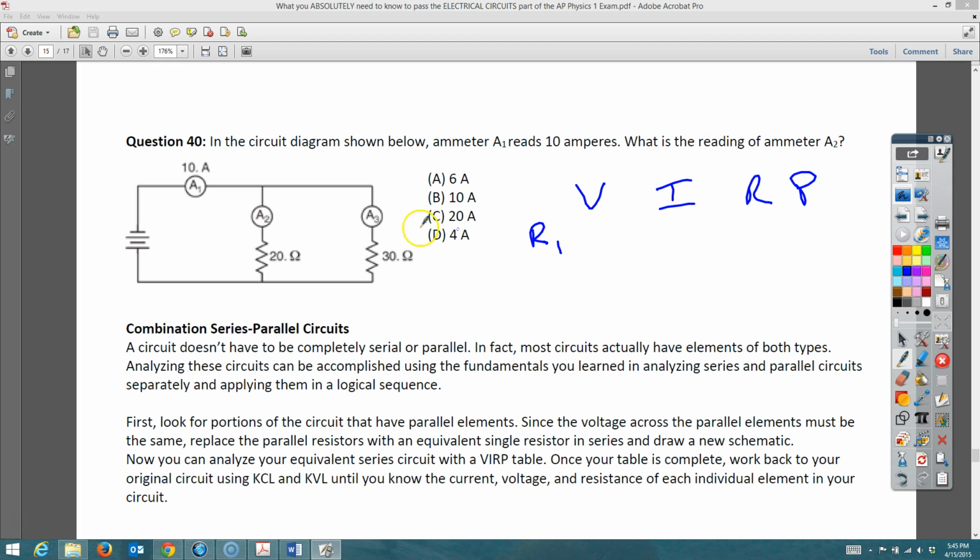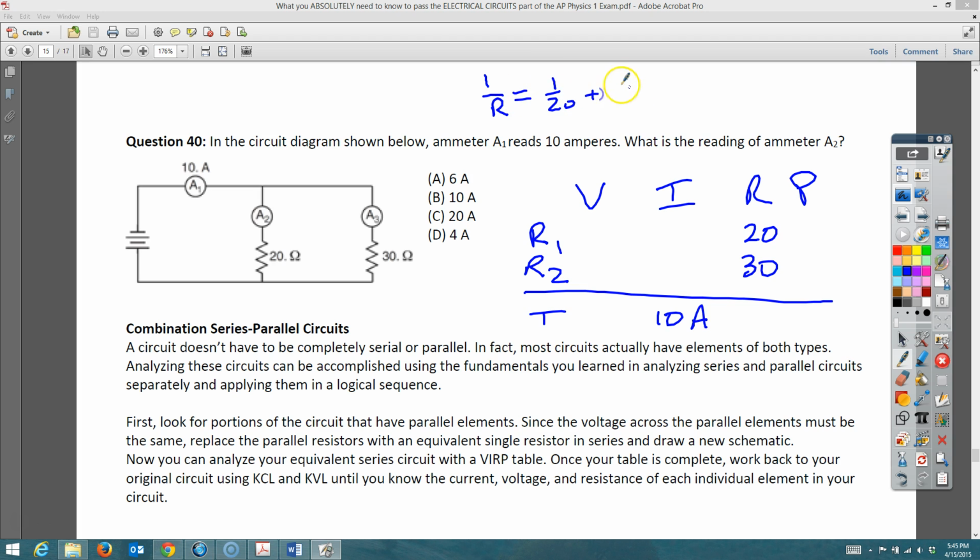So I know that the resistance in the first one is 20 ohms, and the second one is 30 ohms. And the total current that runs through this whole circuit, so that's R1 and R2, this is total, the total current that runs through the circuit is 10 amps. We need to find out what is the sum of the two. So we're going to do 1 over the total is equal to 1 over 20 plus 1 over 30.